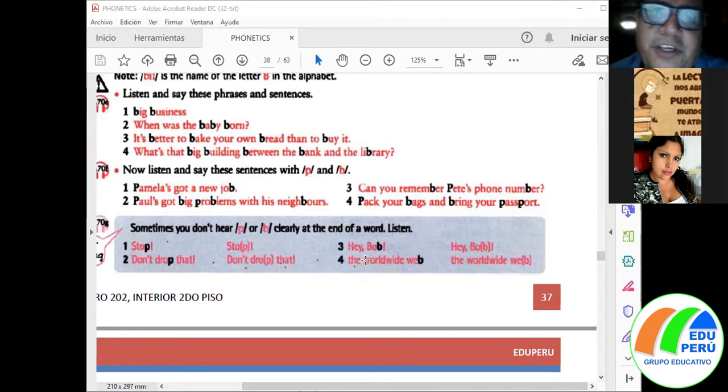Native speakers use these processes naturally, because most of them didn't analyze it, but they produce it naturally because they acquired it. They reduce sounds, take out sounds, elide sounds, join sounds, and insert sounds.